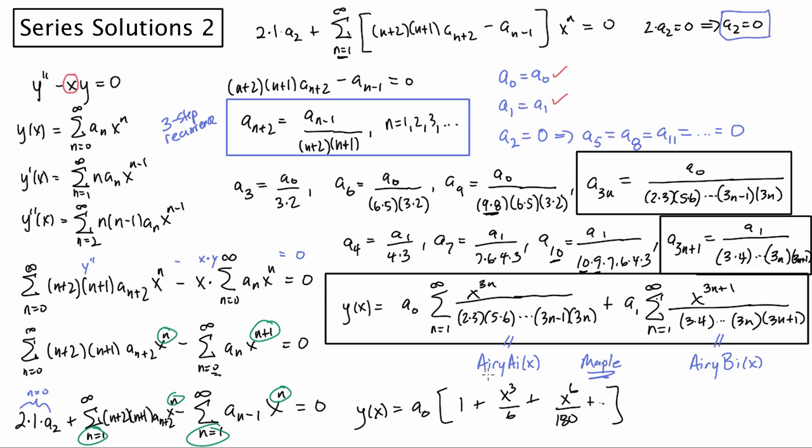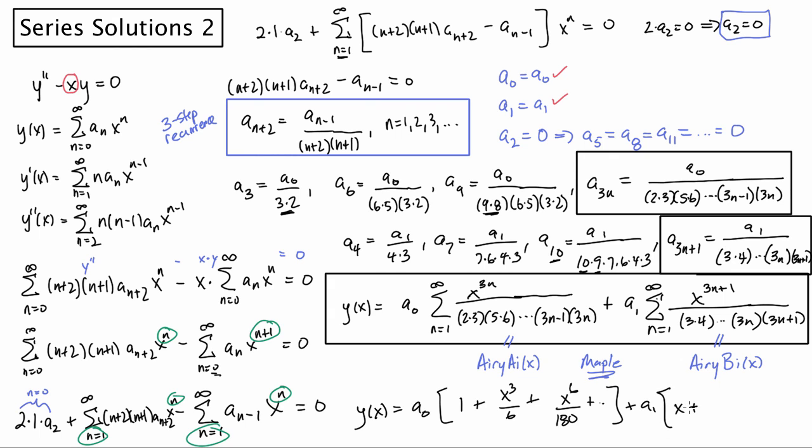And to get these values, notice all I'm doing is coming back up here where I calculated a3. a3 was a0, and then it was 1 over 6. And then here I've got 1 over 180 and so on, plus a1.